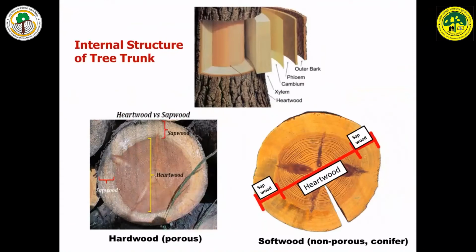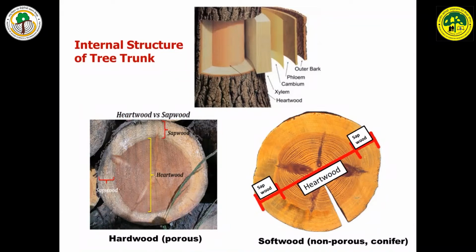Now this is the internal structure of the wood. When we cut a trunk of the tree, we find this kind of disc, and the cross section is shown here. We can see there is a heartwood and there is a sapwood. Heartwood is just the colored part of the wood, and sapwood is the outer lighter part of the wood.